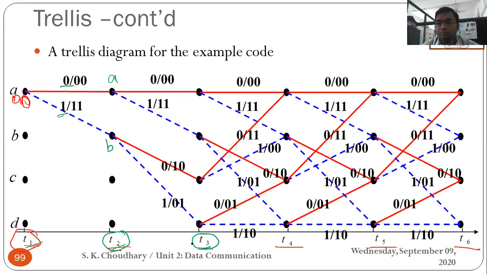This is very important. At time t3 all 4 nodes A, B, C and D are activated.